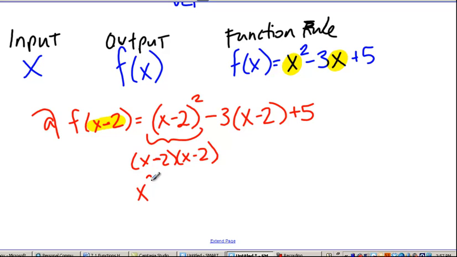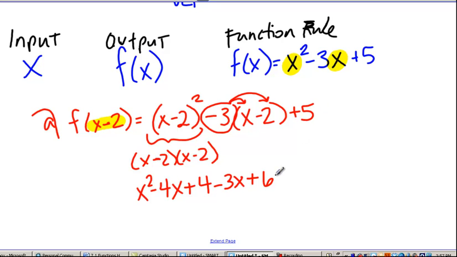I don't care how you get the answer as long as you get it. So x minus 2 all squared really equals x squared minus 4x plus 4. Now you distribute negative 3, so you have negative 3x plus 6, and then you bring down the 5.